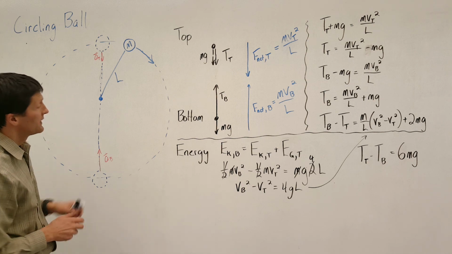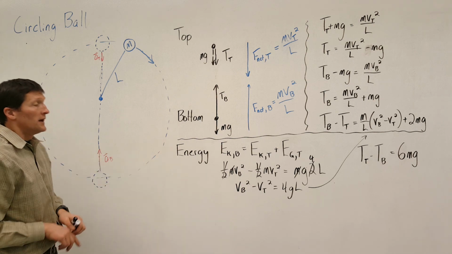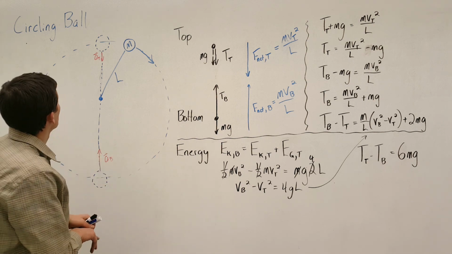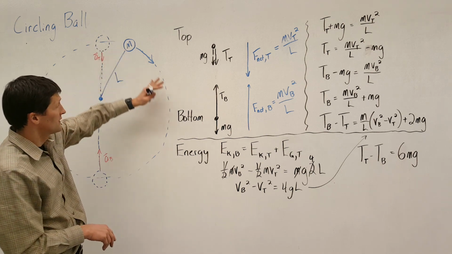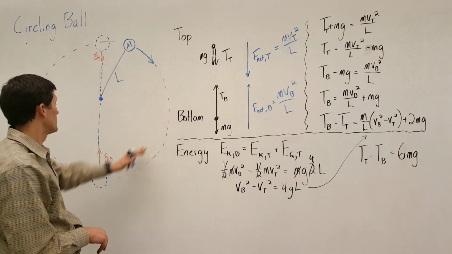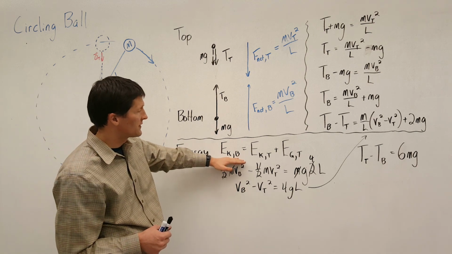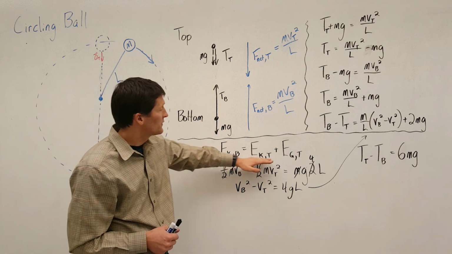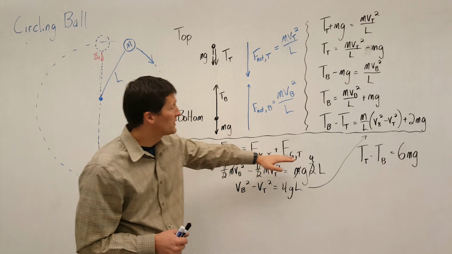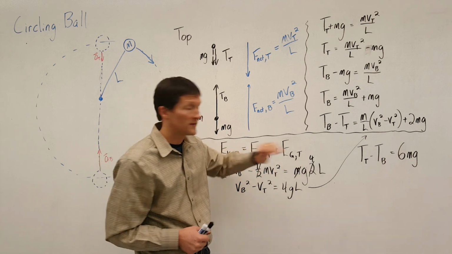Okay, so energy-wise, if I assume that the energy stays constant as the ball moves around the circle, then I can say that the kinetic energy at the bottom is equal to the kinetic energy at the top plus the gravitational energy at the top.